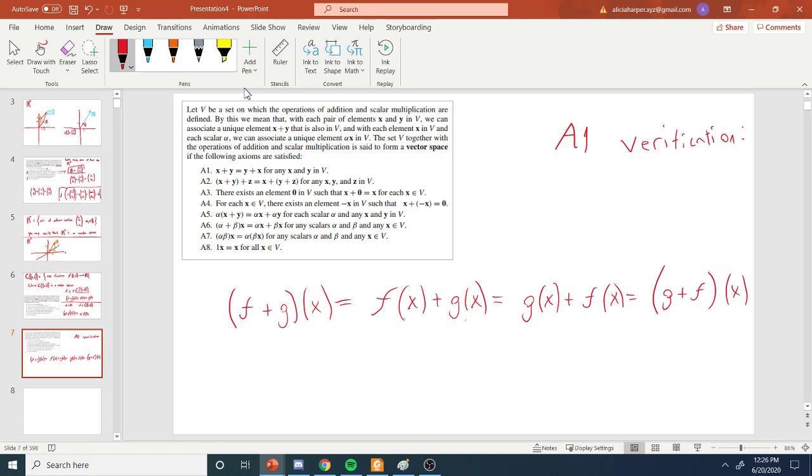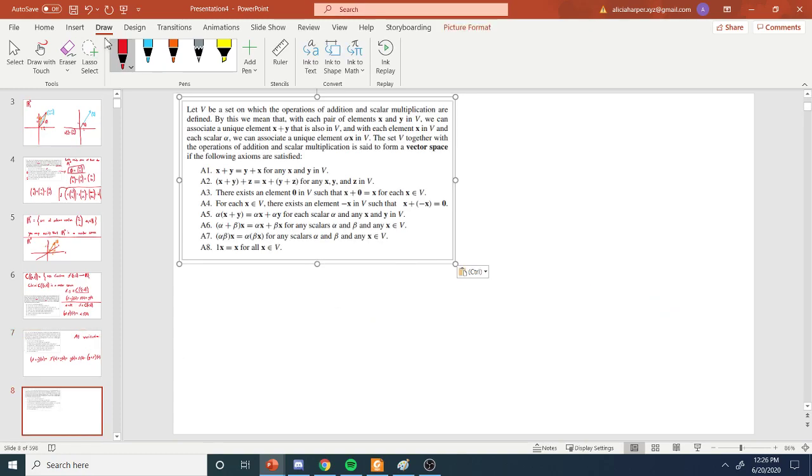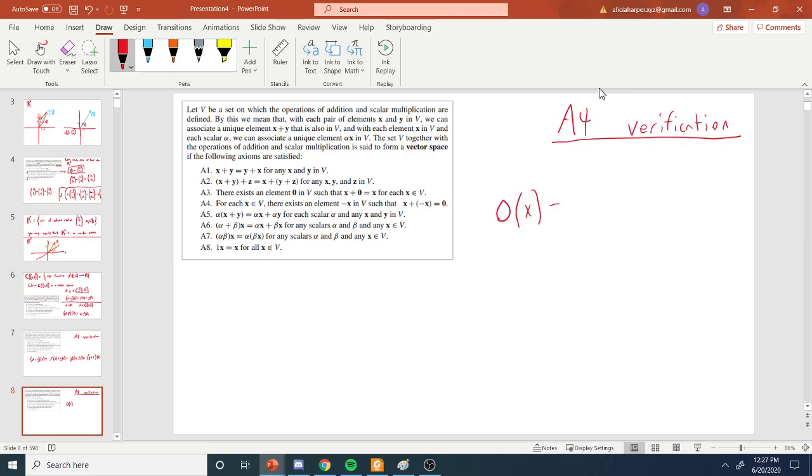Next, why don't we verify axiom A4? So A4 verification. So for any x in our vector space, there should exist a negative x in V, such that if you add them together, you get 0. So how about we first say what our 0 is? So our 0 is going to be the continuous function that's just equal to 0 everywhere.